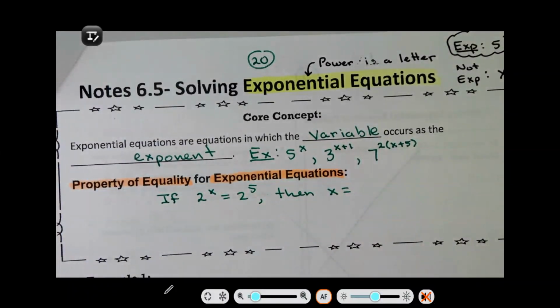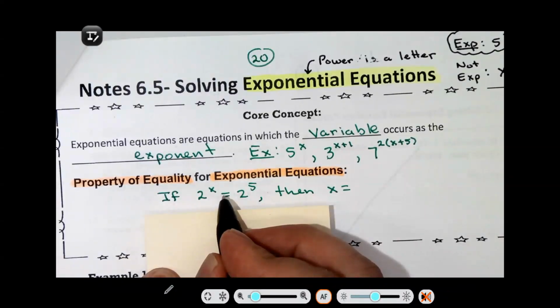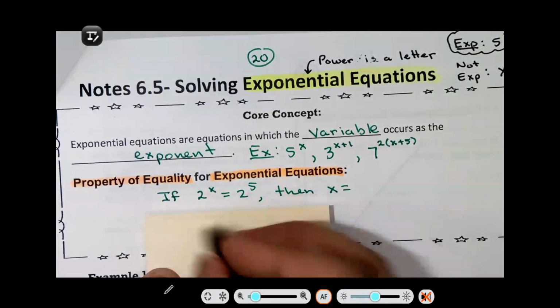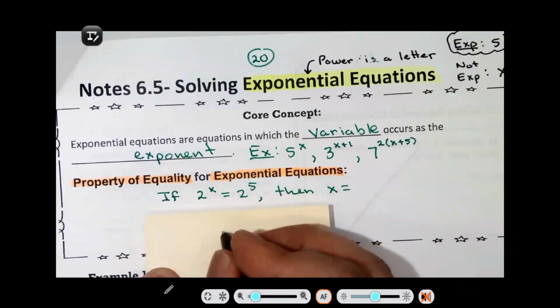Well, we have to understand a couple things, right? So let me bring in another little piece of paper here, just so I don't mess up the notes. See, here's what they're saying. They want them to be equal with each other. That's why there's an equal sign. This side says 2 to what power? This one says 2 to the 5.